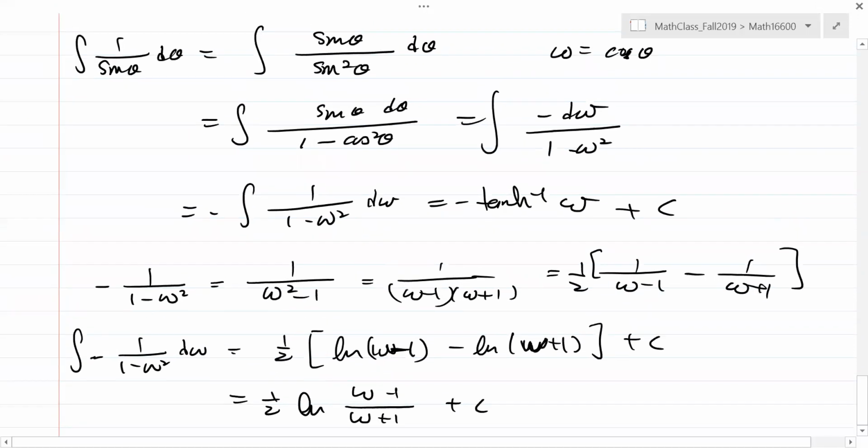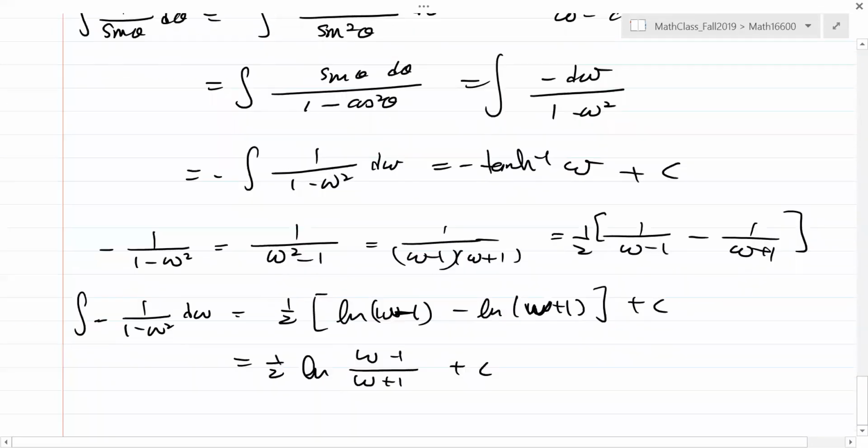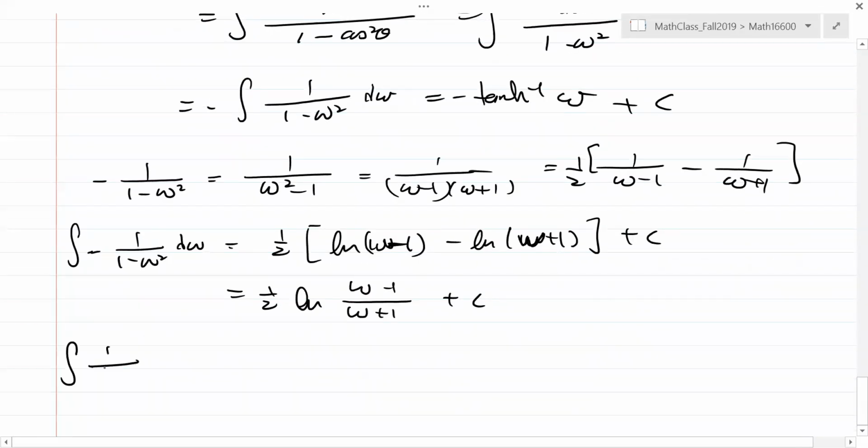So my formula, we used several substitutions right now, and the integral of 1 over sine theta d theta equals half of natural log of cosine theta. I think this will be the absolute value, because otherwise it's going to be negative, since we are using cosine theta for w.